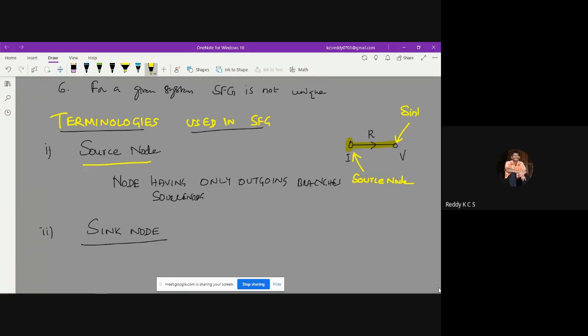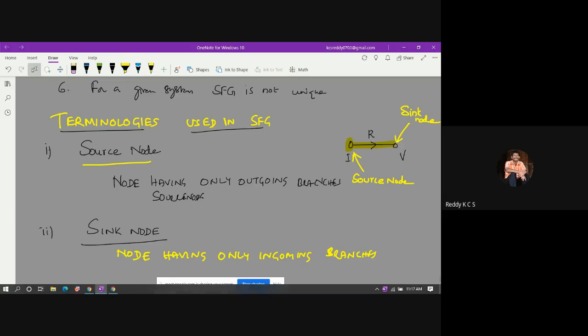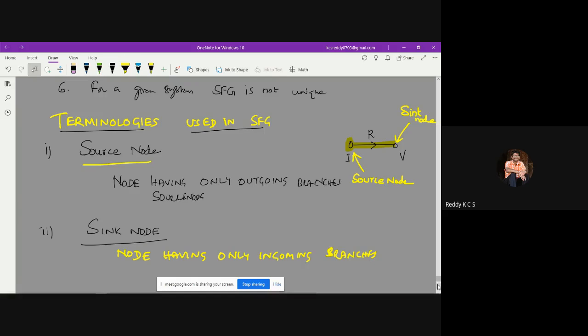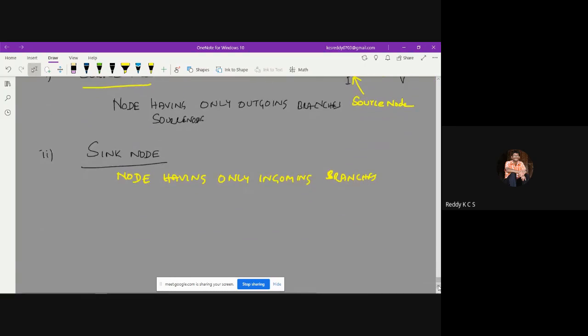The node which has only incoming signals or incoming branches is called a sink node. A sink node has only incoming branches. A source node has only outgoing branches.